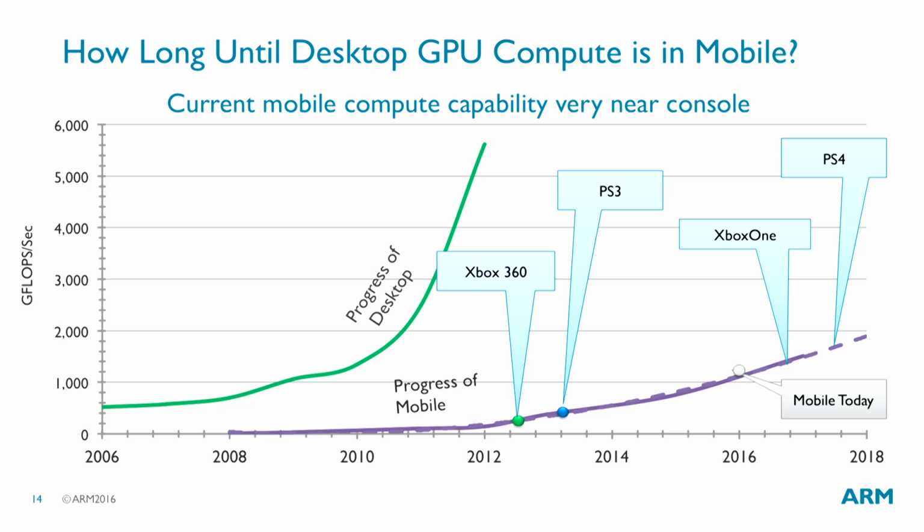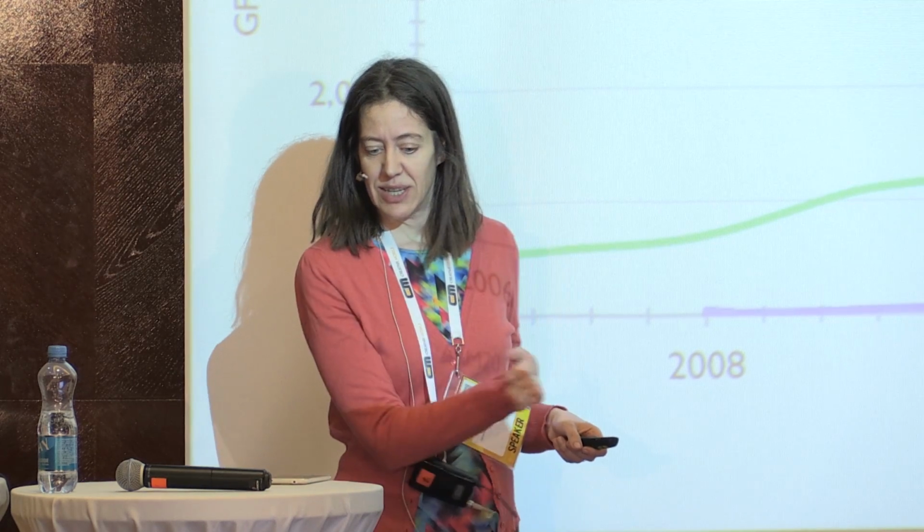So today, the computing power of mobile platforms is shown in this purple line. And you can see that we are not far from the Xbox and PS4 computing power. Around 2017 to 2018, we are going to reach that computing power. And what I put in dotted line is the straight line, which shows that the mobile computing power also follows Moore's law, which is quite interesting.